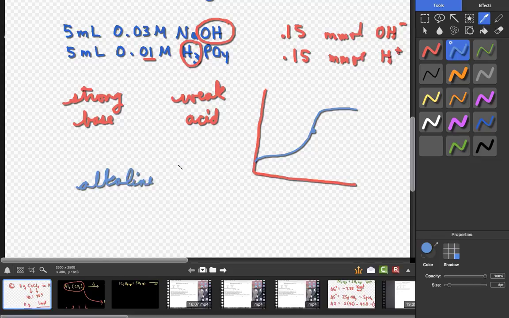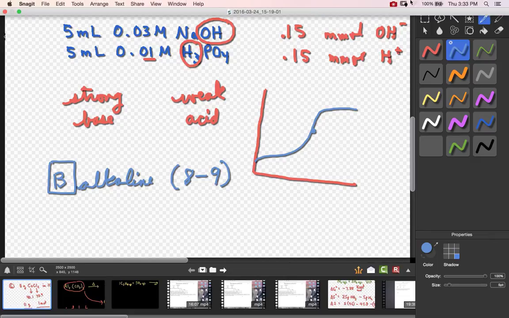Now you would expect something around maybe 8 to 9. I think that's probably a fair value. So our answer choices are strongly basic, weakly basic, neutral, weakly acidic. I would go with weakly basic. Strongly basic would be a pH of 12 to 13 to 14. So answer choice B makes the most sense.